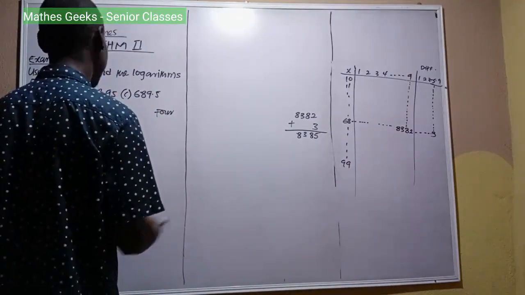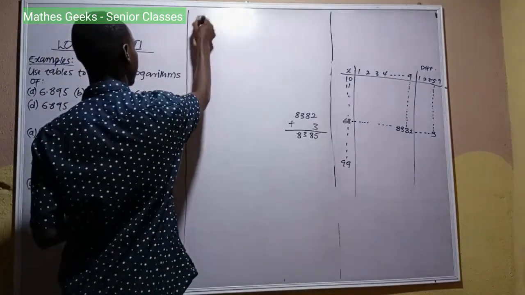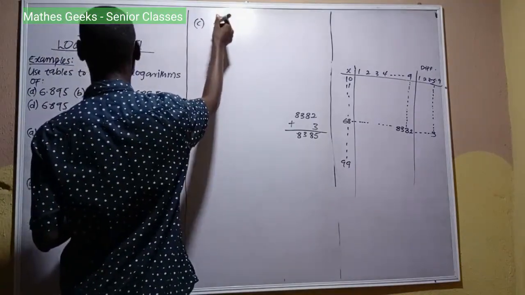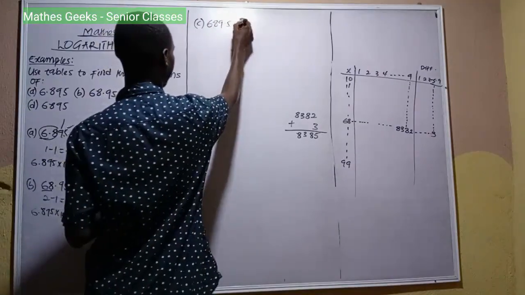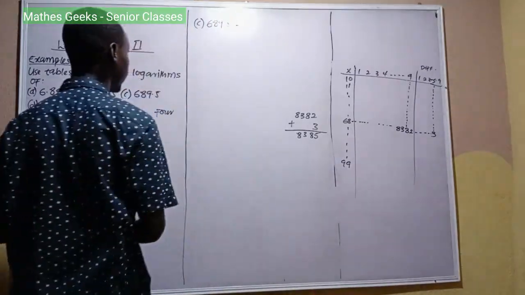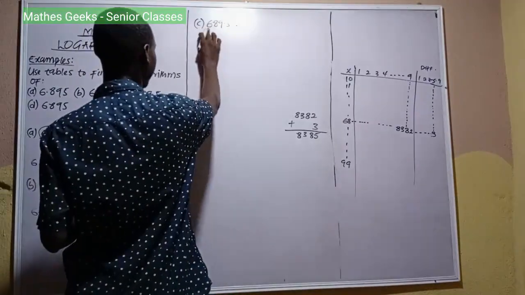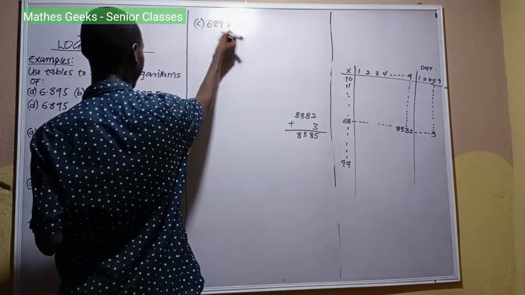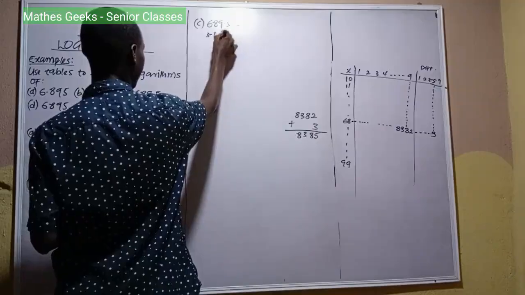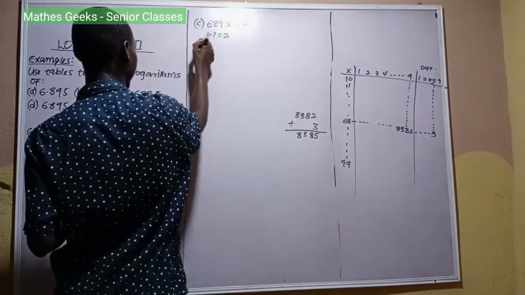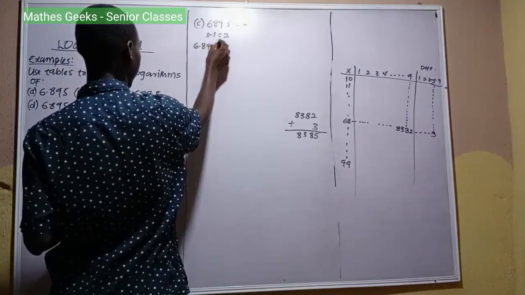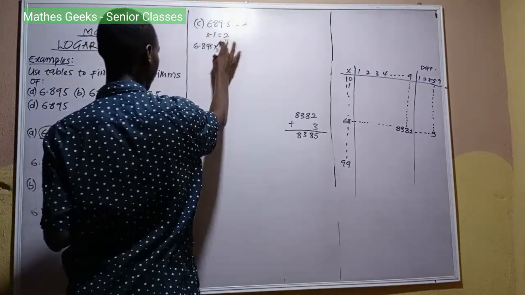So let's look at C. So C is 689.5. So what is our characteristic? For the integer part, we have 3 digits. So 3 minus 1, that's 2. Our characteristic is 2, or express it in standard form, 6.895 times 10 raised to the power 2.